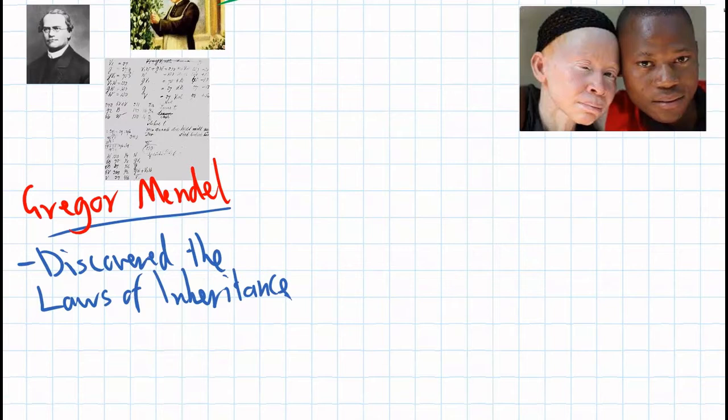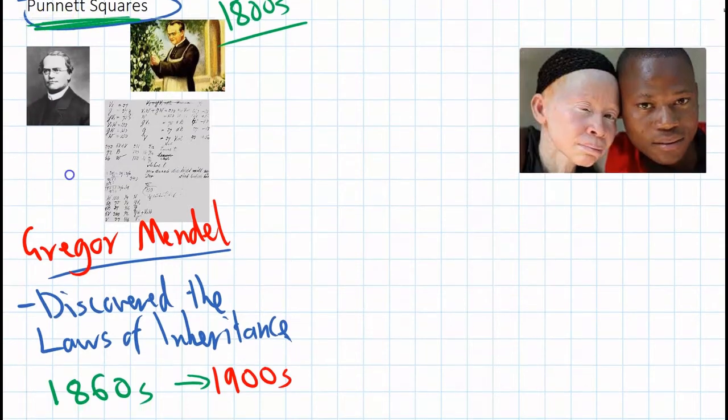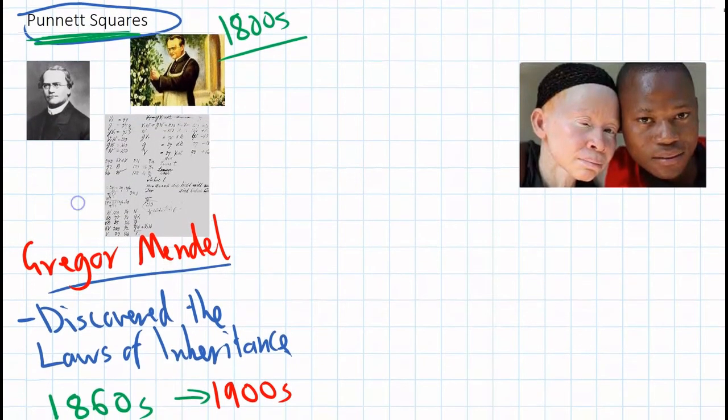He did his main work in about the 1860s. People didn't discover his work or realize how significant it was until the 1900s, the 20th century. And Punnett Squares was one of the main tools he used to do all his scientific discovery.